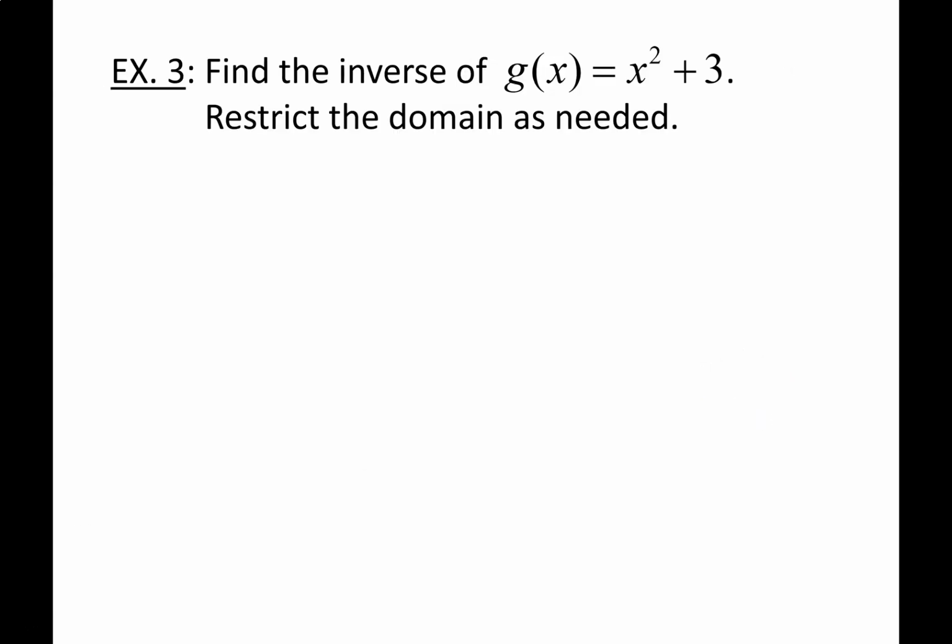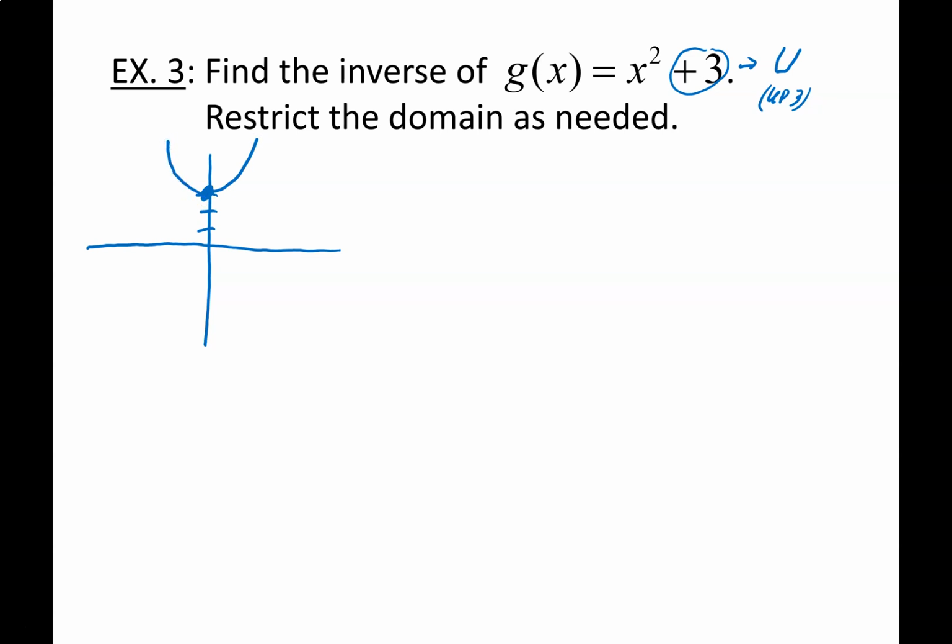Okay, now doing a problem like this, here's what I'm going to do. I'm going to start by graphing this parent of x. Remember, this is a basic parabola. This is your transformation, your k, your vertical shift, which means it's going to go up 3. So my graph of g of x looks something like this.